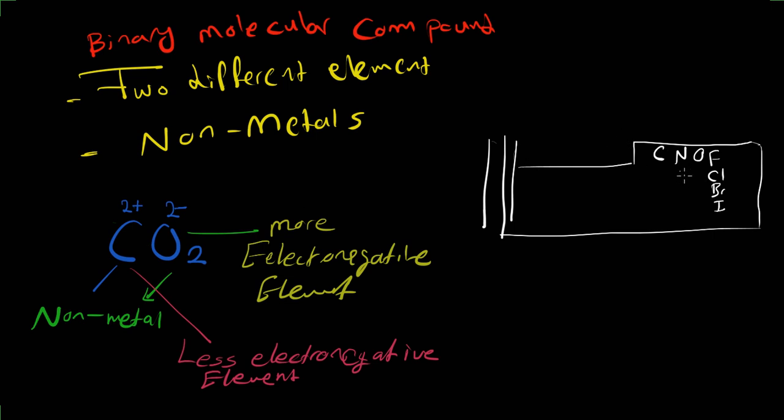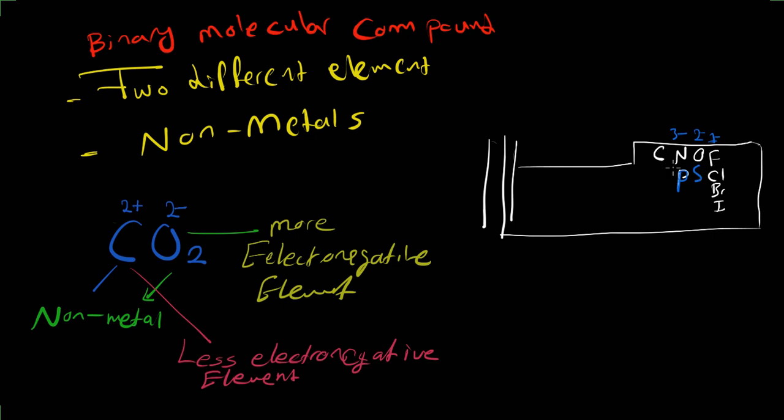Under nitrogen you have phosphorus. Under oxygen you have sulfur. Nitrogen, if it's negative, is -3. Oxygen is -2. The halogens are -1.